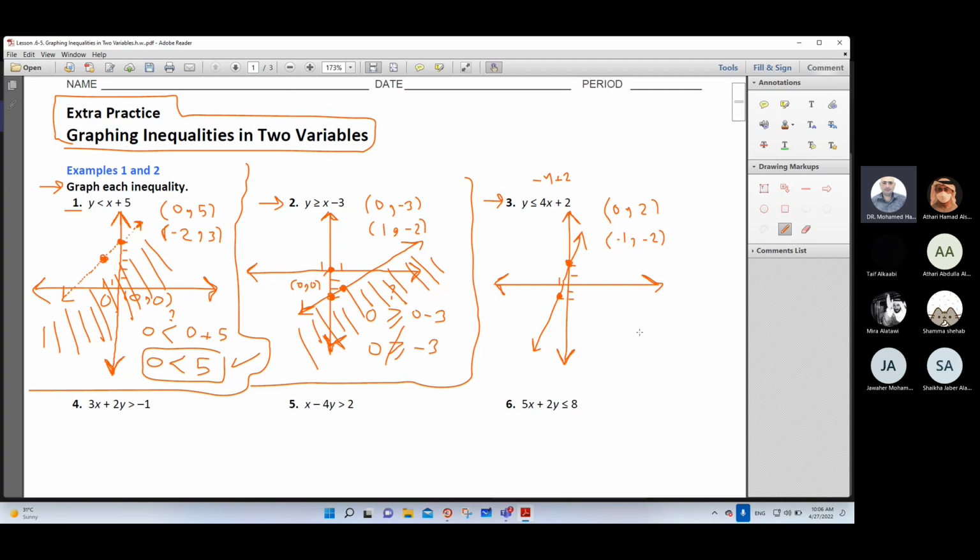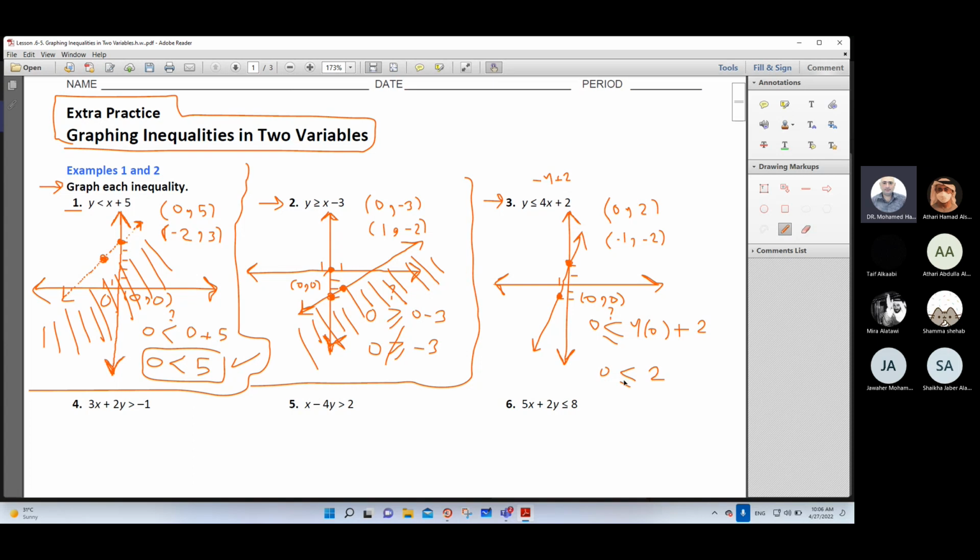Now we want to know the area of the solution. You can check the origin (0, 0). With the value of y as 0, is 0 less than or equal to 4 times 0 plus 2? 0 plus 2 will be 2.